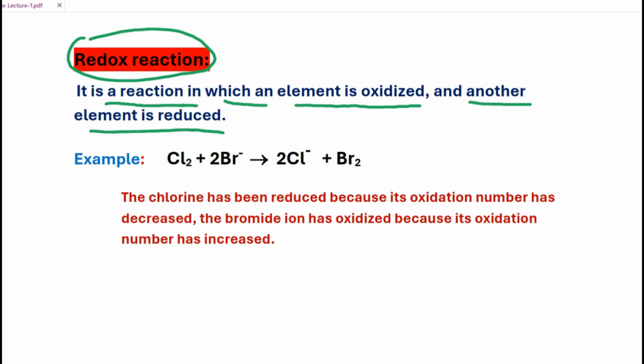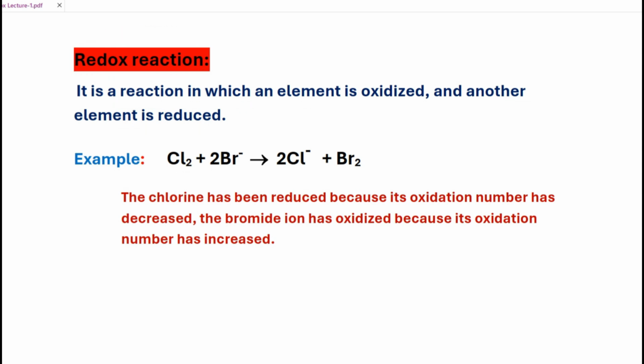Now you see here this reaction is a redox reaction. How? You know rules 1, chlorine oxidation number 0, bromide ion minus 1, rule 2, here minus 1, here 0. So you see which element is oxidized here?